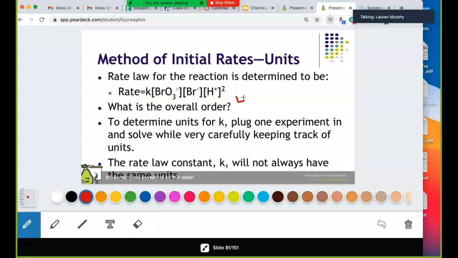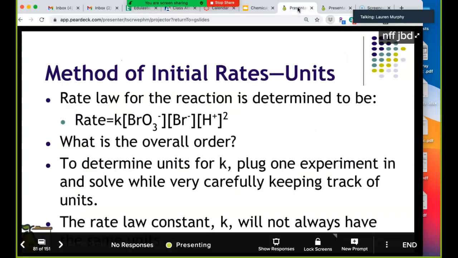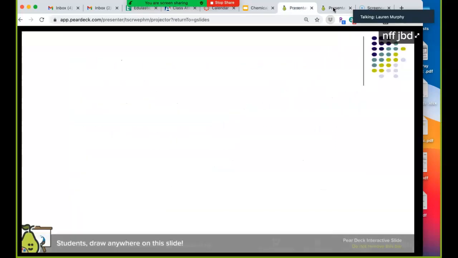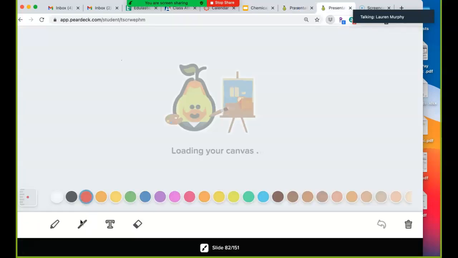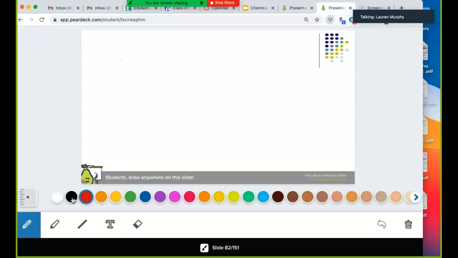Now we are going to do units. Ooh, units are a little bit painful. So I'm going to rewrite the rate law just real quick, and we're going to plug units in.